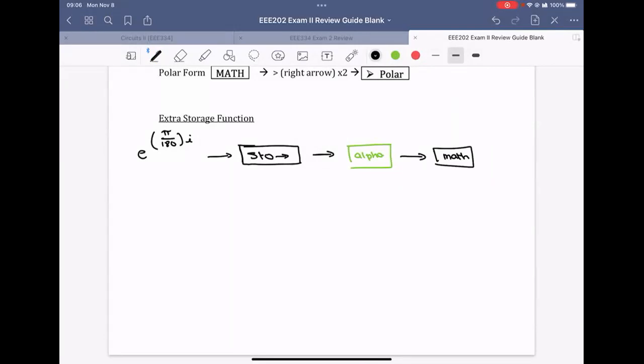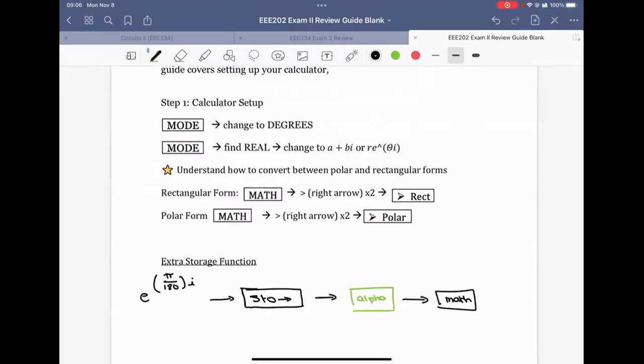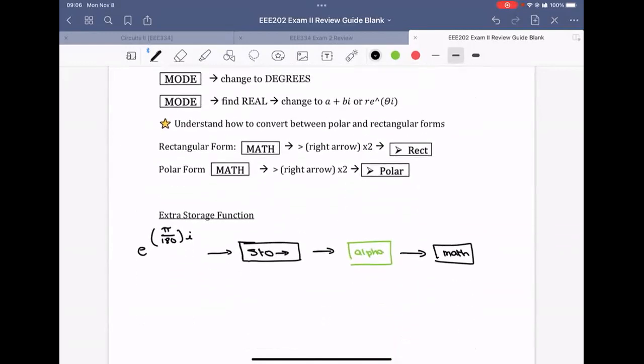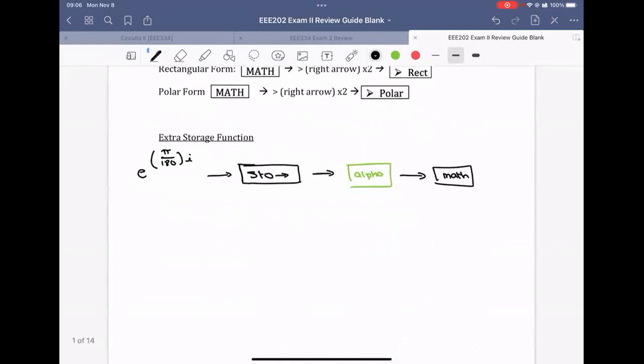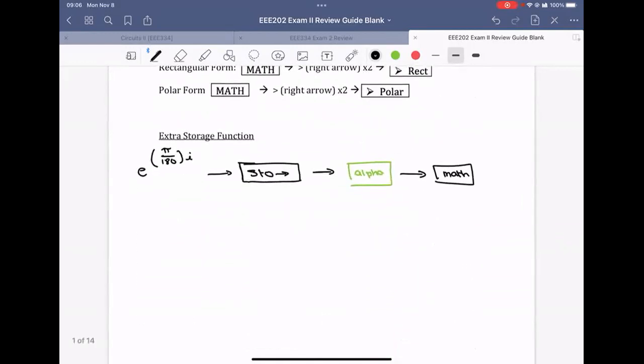Then you hit enter, and this will make sure you're in the modes we talked about at the top, degrees and A plus BI. Your A is going to be stored as E to the pi over 180i. Now, why is that important? Say we have 3 at an angle of 60 degrees.